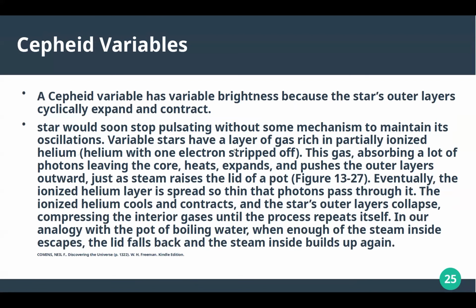Eventually, the ionized helium layer is spread so thin that photons pass through it. The ionized helium cools and contracts, and the star's outer layer compresses, compressing the interior gases until the process repeats itself. In our analogy with the pot of boiling water, when enough of the steam inside escapes, the lid falls back and the steam inside begins to build up again.